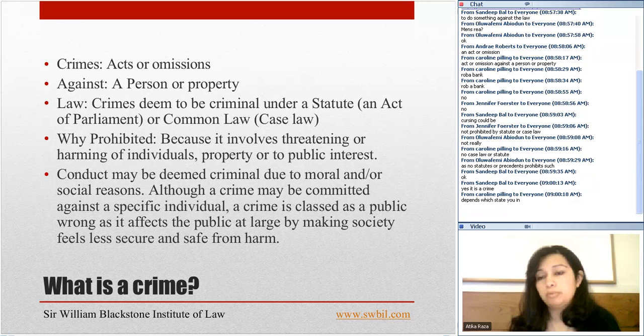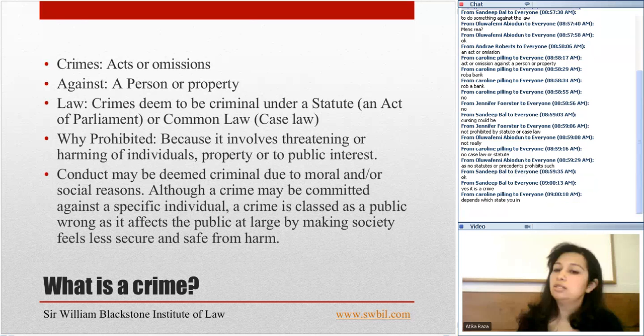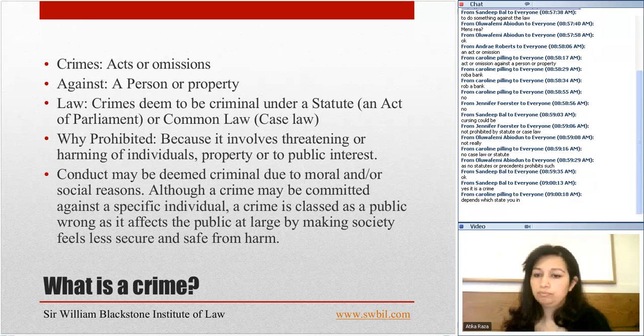In Colorado, maybe not, but in certain areas it is. If it's prohibited, then yes, it's a crime. Good job. Any questions about it before we move on? Okay.